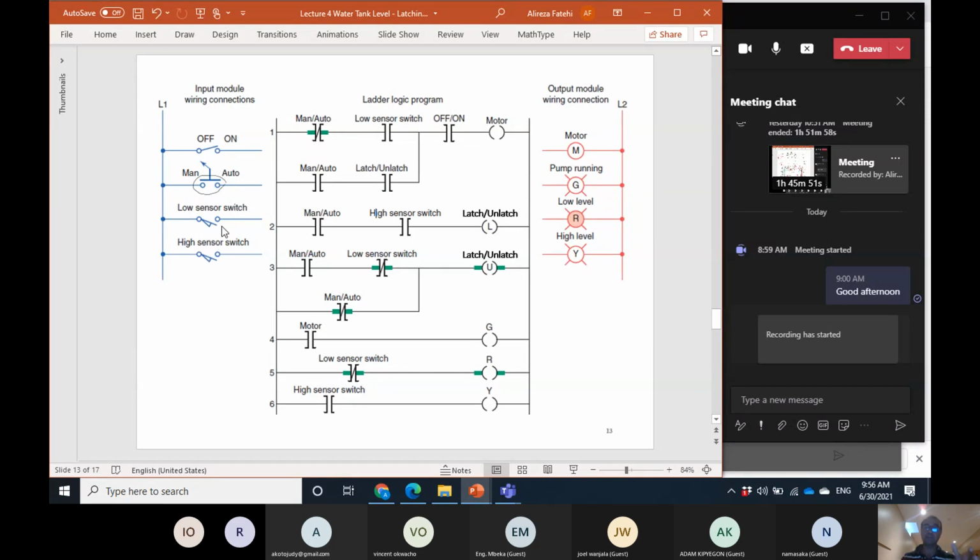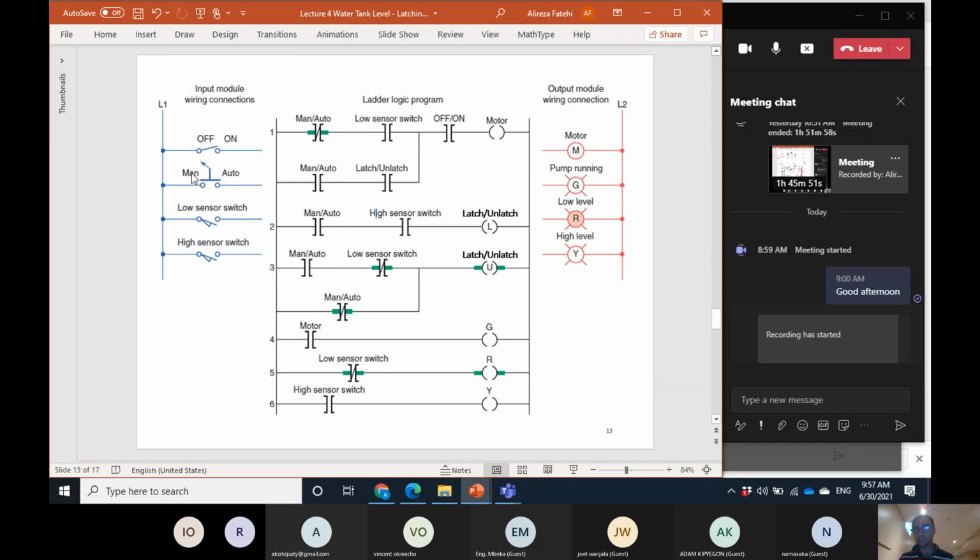Because of this pointer to the manual, it means that when it is in manual, it is in its normal state. Please let me remind you again that in the diagrams, the variables or switches are shown in their normal state. For this switch, the normal state is open, and in the normal state it is in manual.